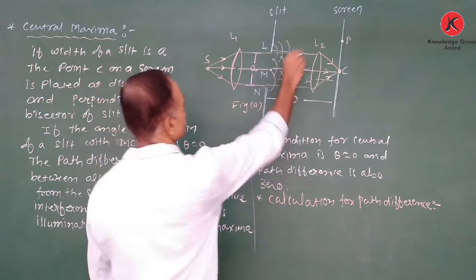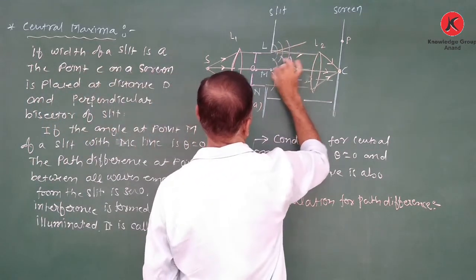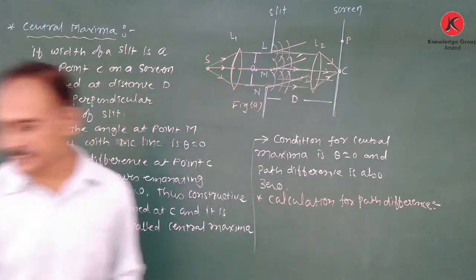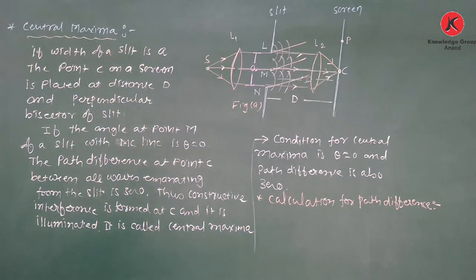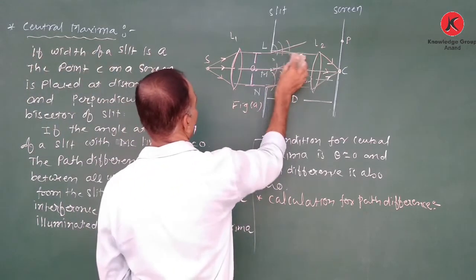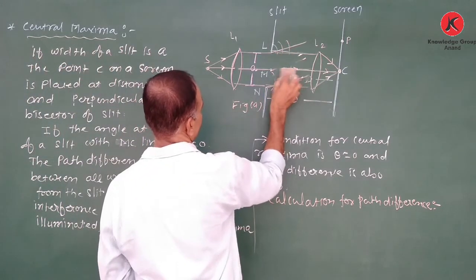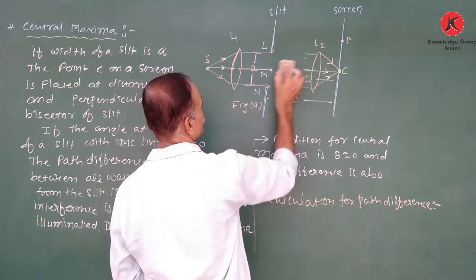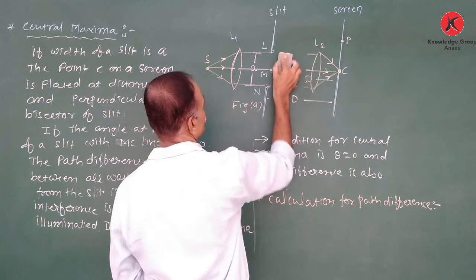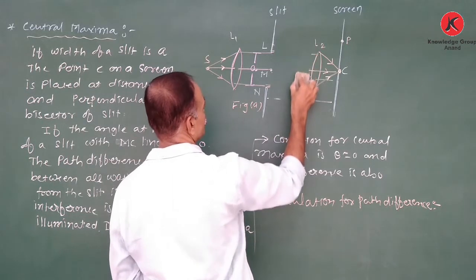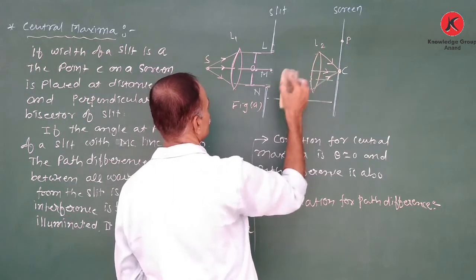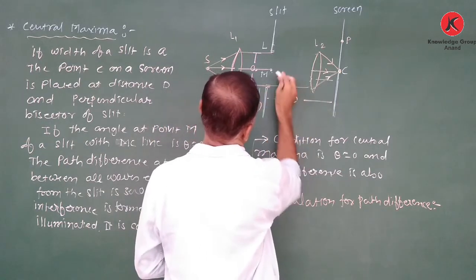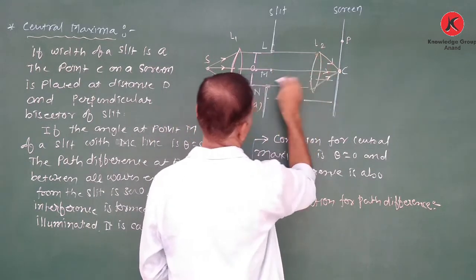The waves emanating from the slit make an angle theta with the MC line. There is the MC line.